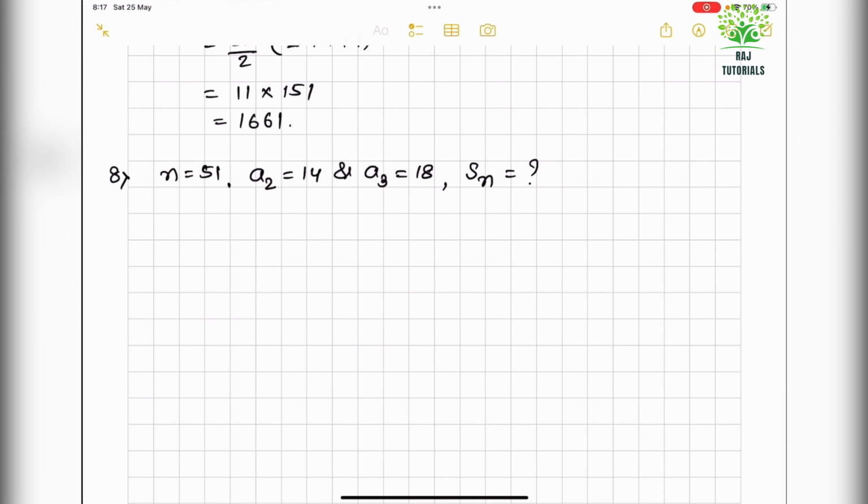Now the 8th one says: find the sum of the first 51 terms of an AP whose second and third terms are 14 and 18. So I am given A2 and A3, n is 51, and I have to find Sn. A2 will be a plus d, so 14 equals a plus d, and this I can take as equation 1.